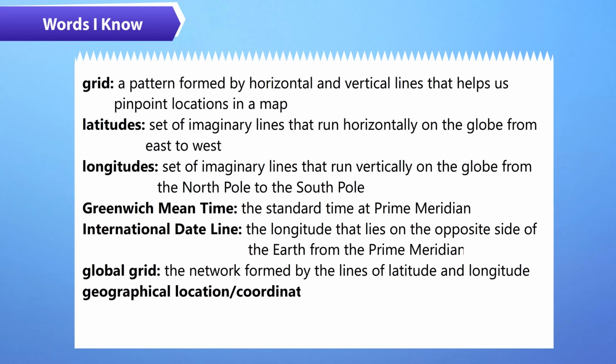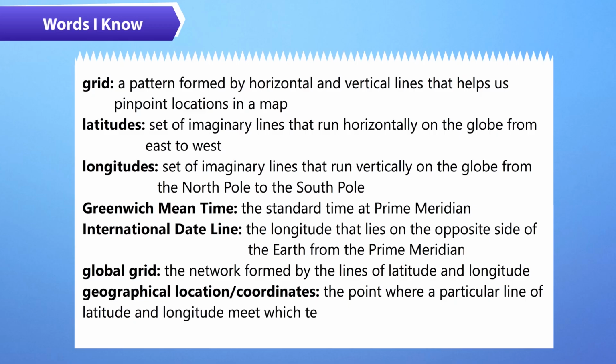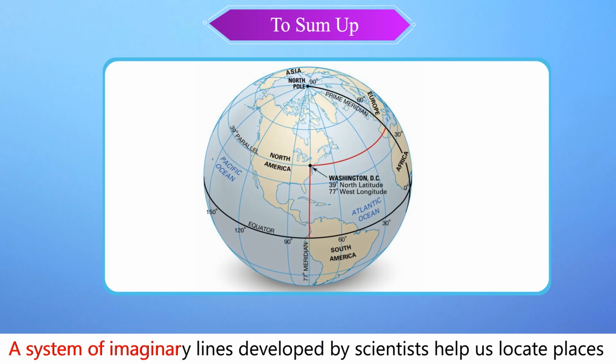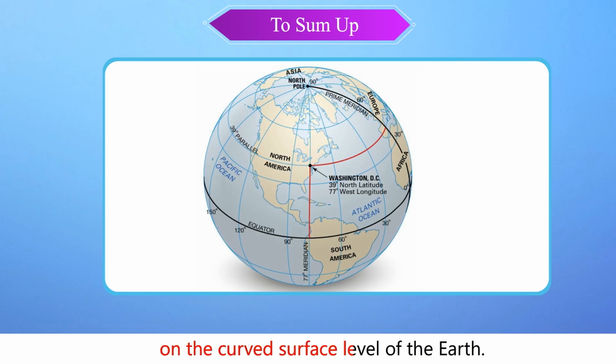Geographical location coordinates: the point where a particular line of latitude and longitude meet, which tells us the location of a particular place. To sum up, a system of imaginary lines developed by scientists helps us locate places on the curved surface of the Earth.